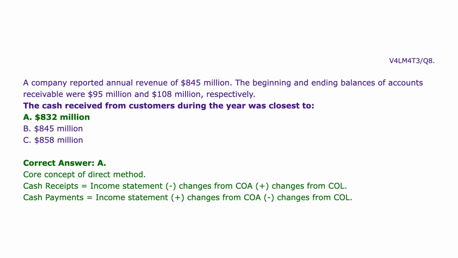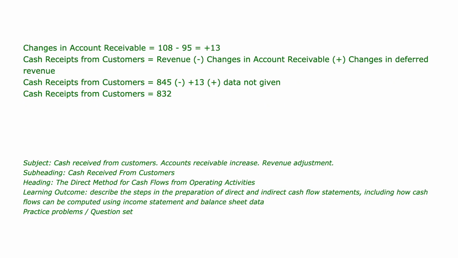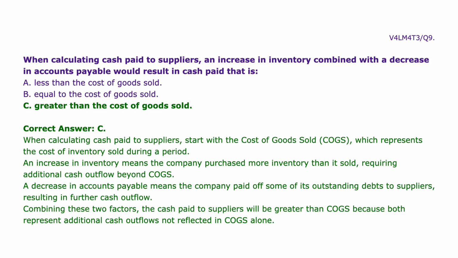Cash receipts and payments are calculated based on changes in COA and COL. Cash receipts from customers equals revenue minus changes in accounts receivable plus changes in deferred revenue. Cash paid to suppliers exceeds COGS due to increased inventory purchases and decreased accounts payable.